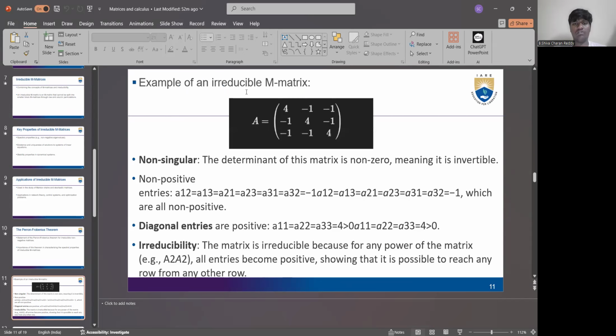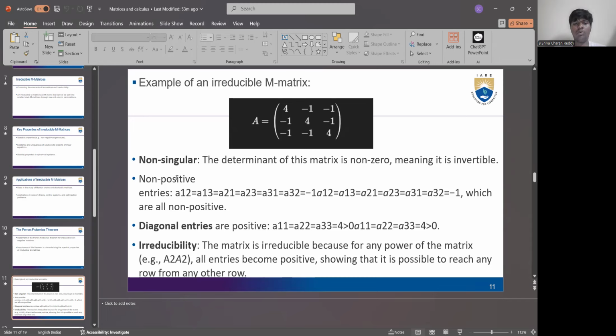Here's an example of an irreducible matrix. How are we going to determine whether this is an irreducible matrix or not? The determinant of this matrix is non-zero, meaning it's invertible. If you try to compute the determinant of this matrix, it's going to be non-zero, so it's invertible.